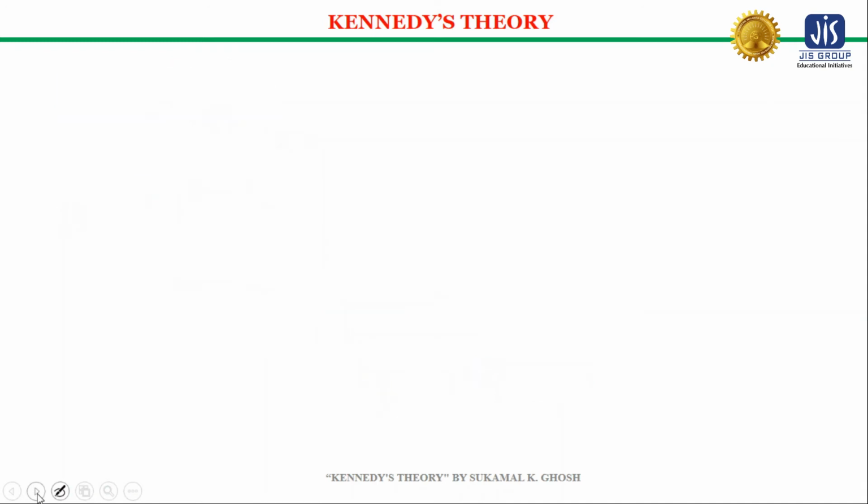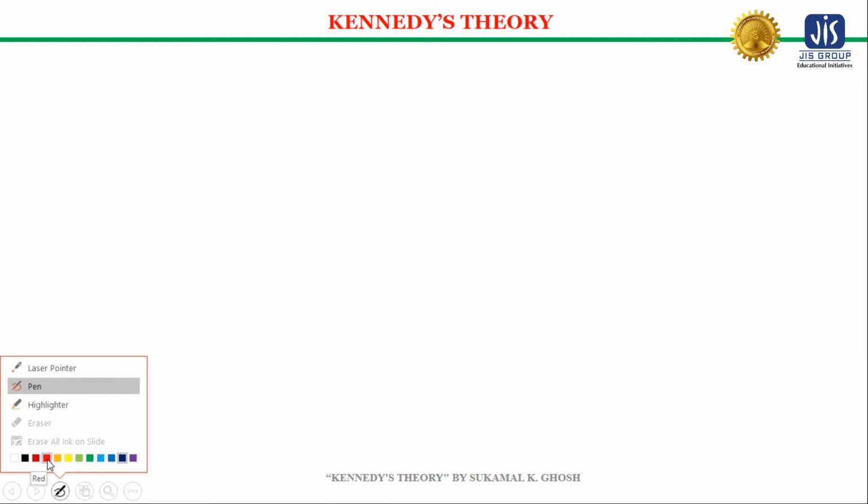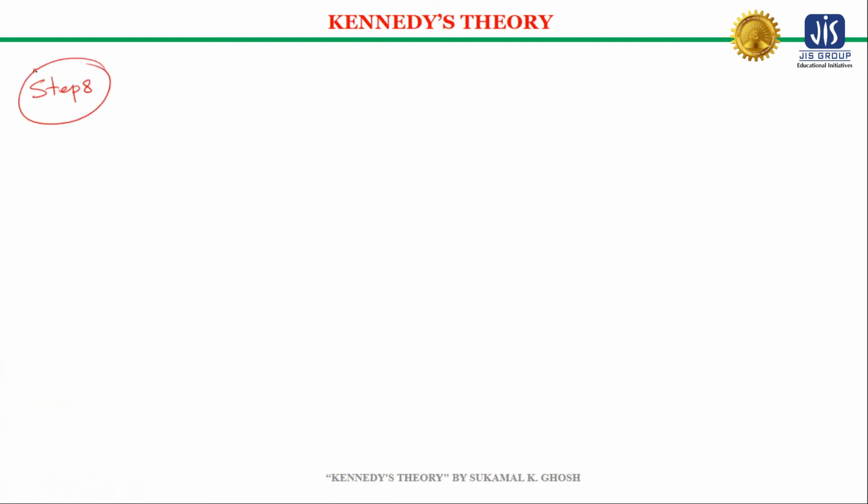Now what was our step 8? Our step 8 is to calculate the actual mean velocity using the Kutter's equation or the Manning's equation. We need to calculate the actual mean velocity, that is V, using either Kutter's equation or Manning's equation.